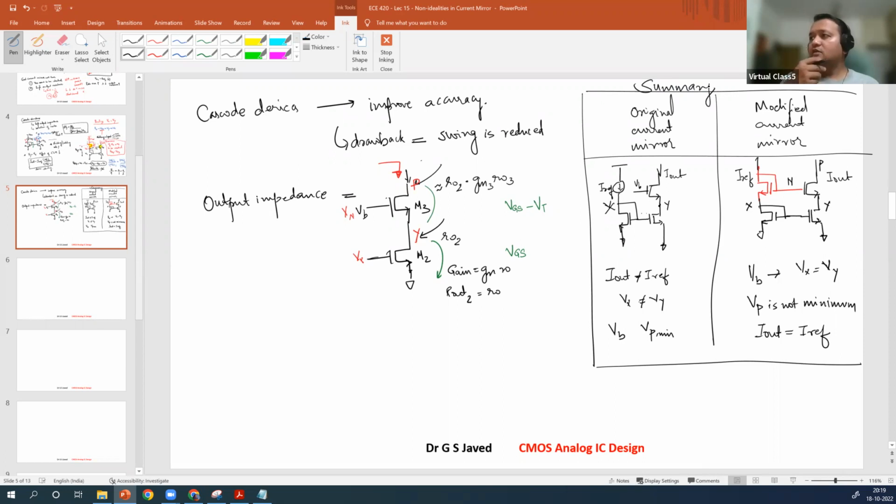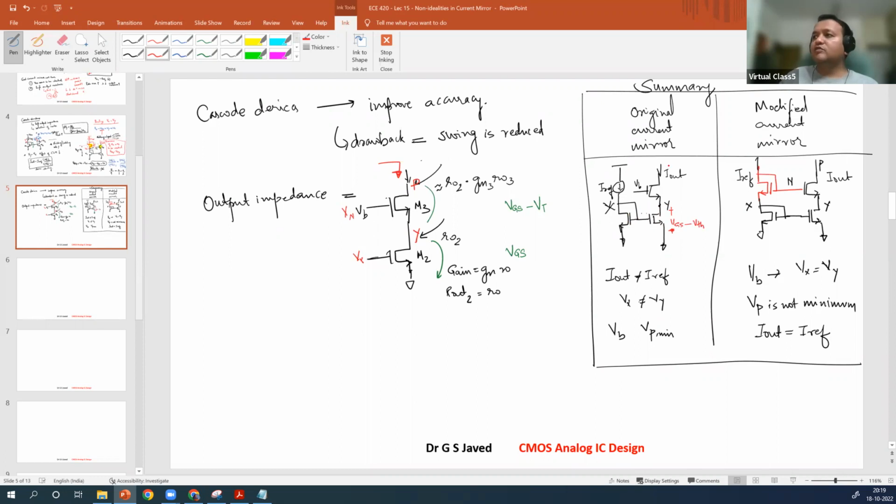That is how your modified current mirror is impacting, and how this impacts your swing. And here, what happens to your swing? Your swing is given as, what is the difference here? We will mark the values here. Sorry, this plus and this minus, you will see what is the voltage drop? One overdrive, VGS minus VTH.